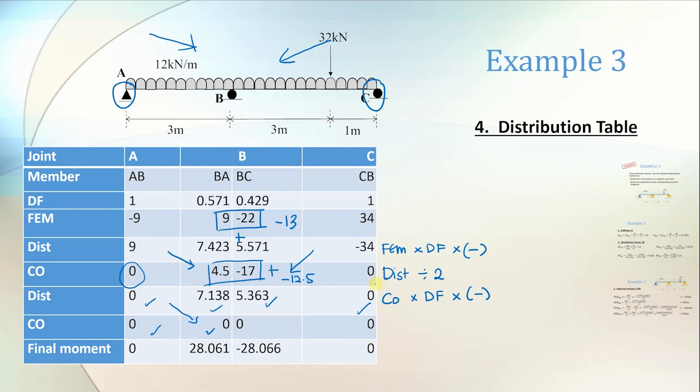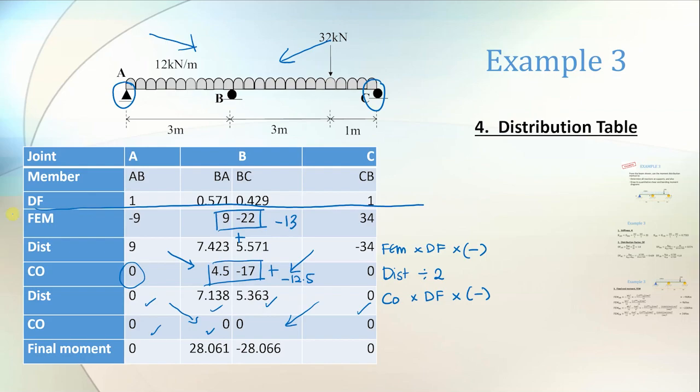And then CB, you can carry over to BC. Okay, can carry over but stays zero. So everything is zero now. When it is 0, everything on that row is 0. You can proceed to calculate the final moment.